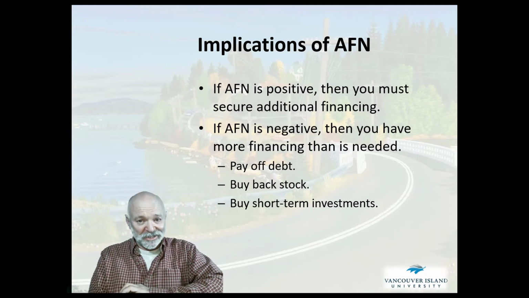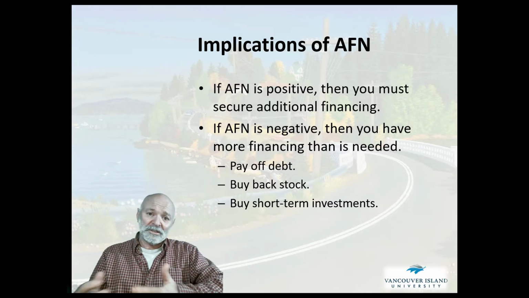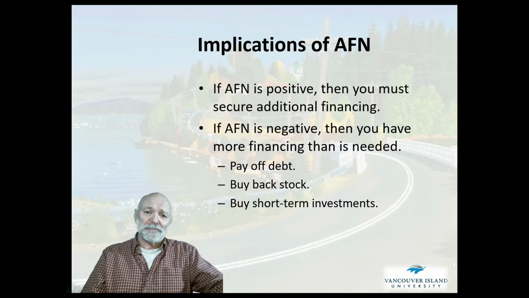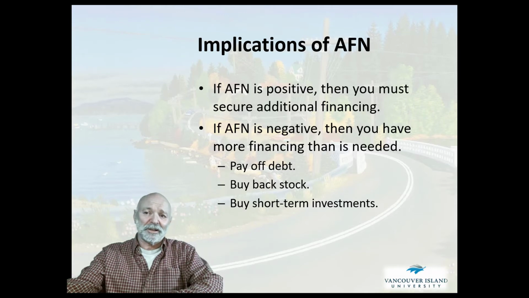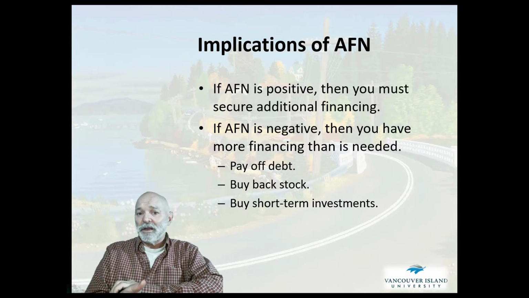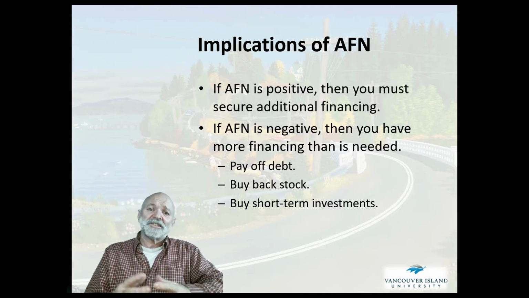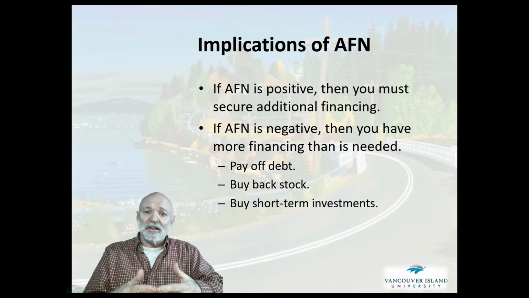On the other hand, if it's a negative number, that means the additional sales is going to produce a cash surplus, and you can use that to pay off debt, buy back your own stock, invest in other companies, pay a big bonus to managers, whatever you'd like to do. But that essentially is going to be the information that we get. Now, remember I said this is a simple method. That's the beauty of it. It's simplicity. We start off with a few assumptions.